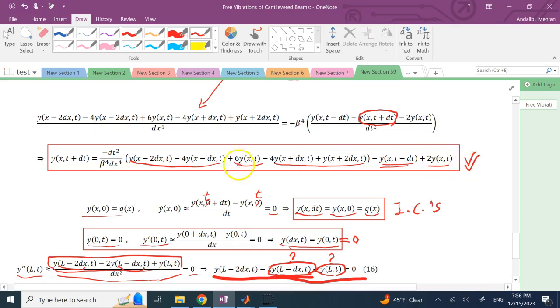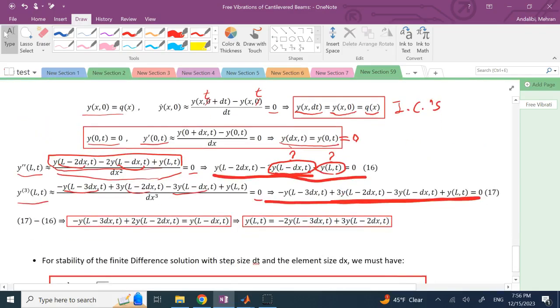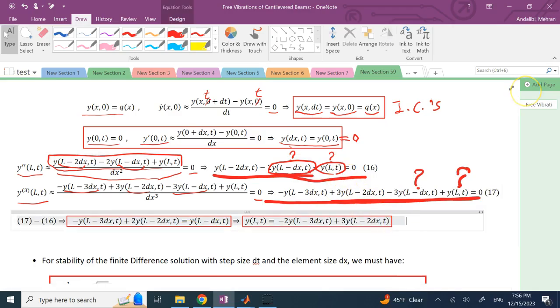Because in order to do that, I need two nodes to the right-hand side, and I don't have two nodes to the right-hand side of these two. So for these two, I have to determine them from the boundary conditions. So here, I solved 16 and 17 for these two unknowns that I just showed you. This was two equations and two unknowns. I solve for them, and I'll get this important equation 18, if you might want to call it 18.